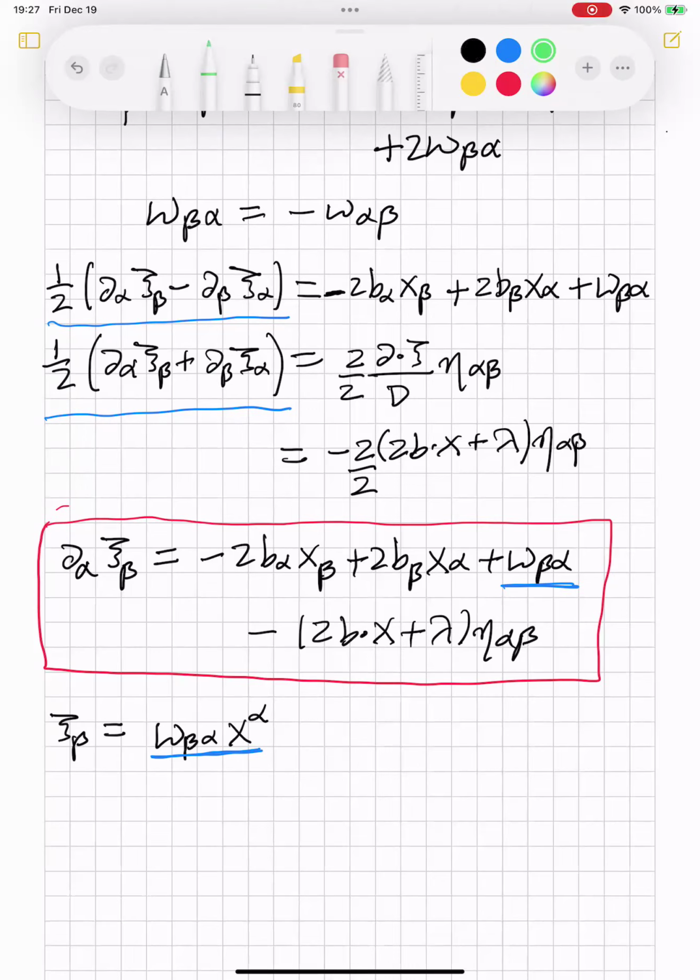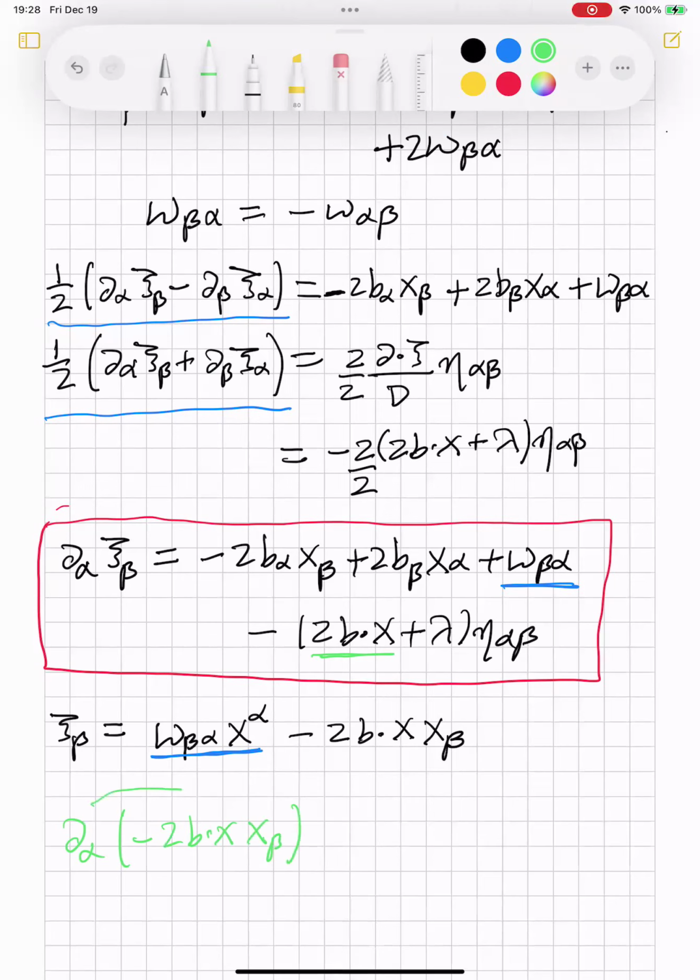Well, actually, this 2b dot x times by this eta alpha beta, this looks pretty simple. Why? What does it look like? Well, if we have minus 2b dot x beta, then if we differentiate with respect to x alpha, what do we get?